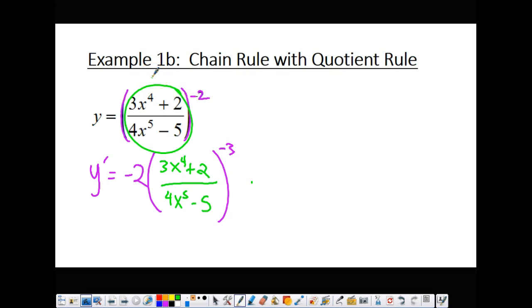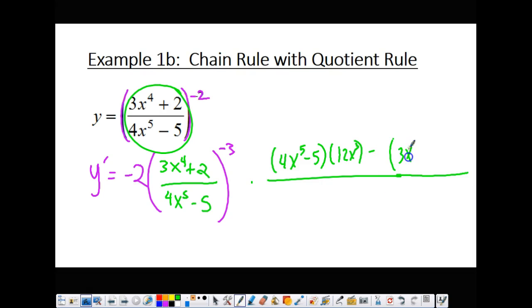Now, how do you find the derivative of that? That's the quotient rule. Okay? So it's going to be low d high, which is what? Minus high d low, good.